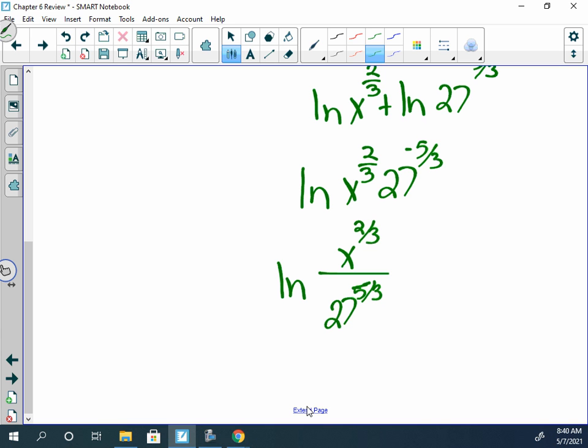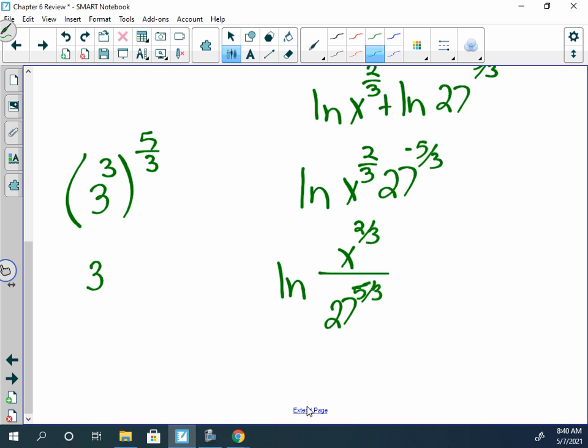27 is 3 to the 3rd, because 3 times 3 is 9, times 3 is 27, which is to the 5/3. Because 27 is 3 to the 3rd, then to the 5/3. Powers of powers multiply.